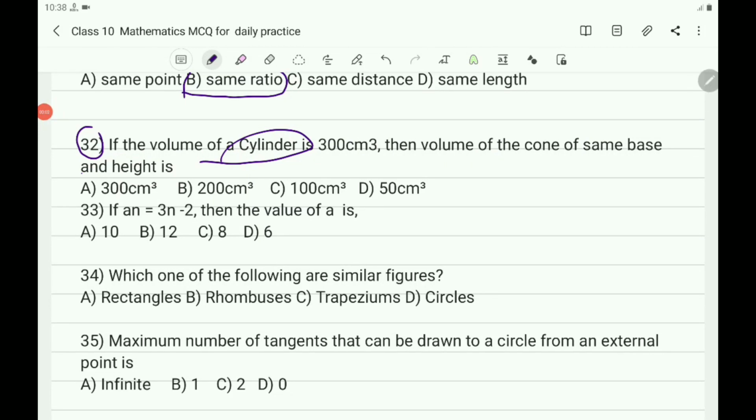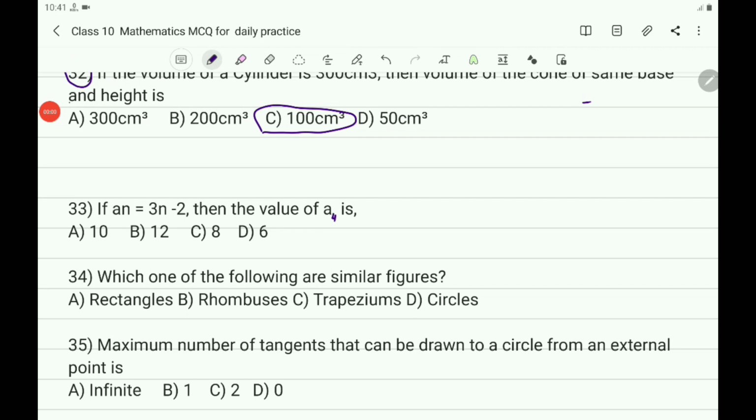To get the volume of the cone, you divide 300 by 3, which gives 100. So option C, 100 cm cube.